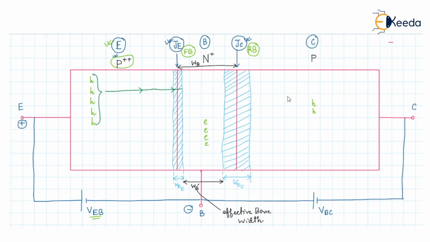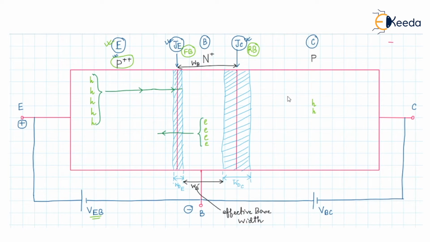Similarly, some amount of electrons from the base will cross the junction and come into the emitter region, because the JE junction is forward biased, and that's why the majority carriers of both sides can cross the junction and they will constitute a current.